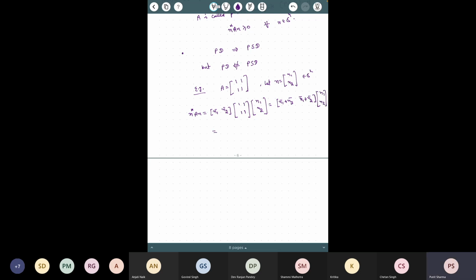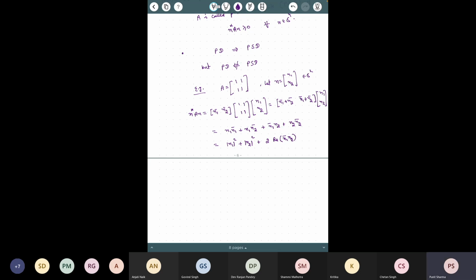This is x1 x1 bar plus x1 x2 bar plus x1 bar x2 plus x2 x2 bar. The first term is mod x1 square, the last term is mod x2 square, and the middle two terms are conjugates of each other, so there would be twice the real part of x1 bar x2.